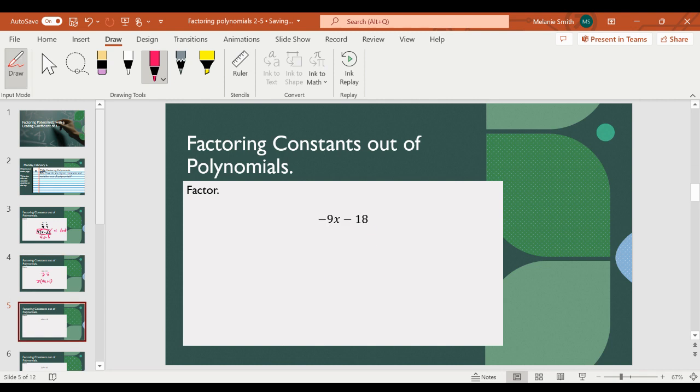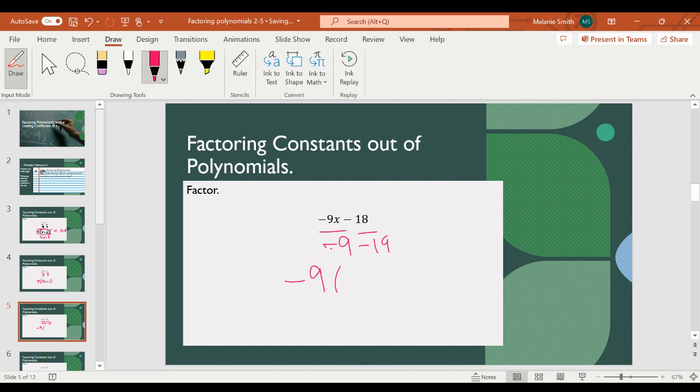Now here I've got a negative 9x minus 18, and I know that negative 9 is a factor of 18 because 9 times 2 is 18. So I'm going to go ahead and divide both of those by that entire negative 9. So negative 9 is going to go outside of the parentheses.